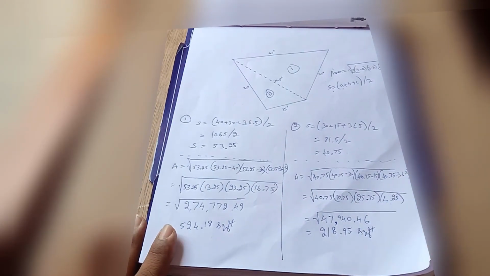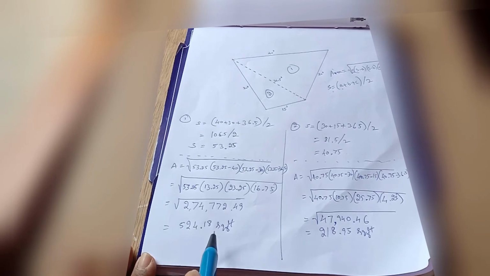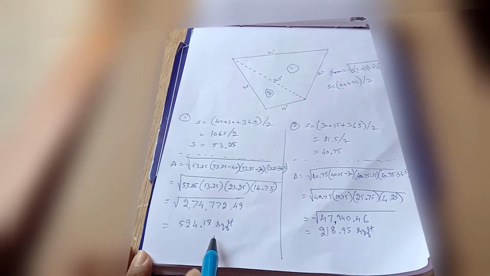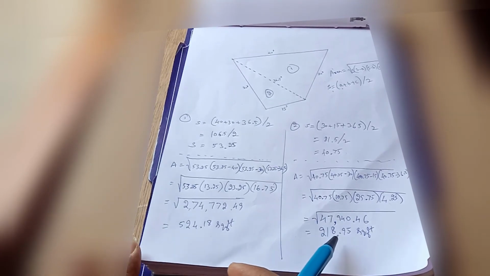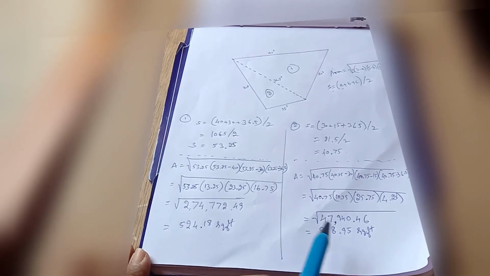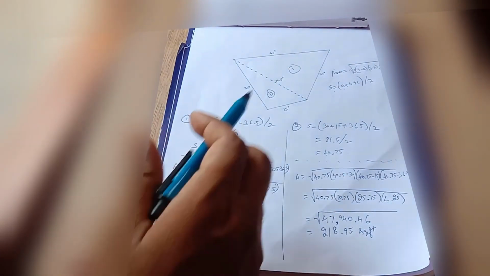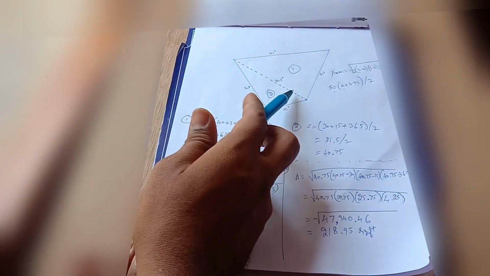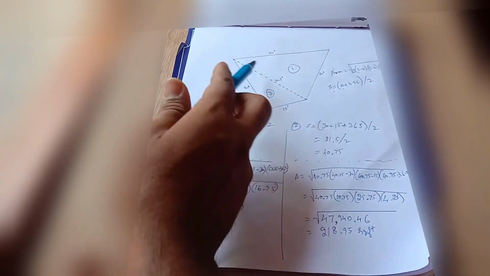So now we have the area of the first triangle in square feet and the area of the second triangle in square feet. Now we can simply add these two to get the full area.